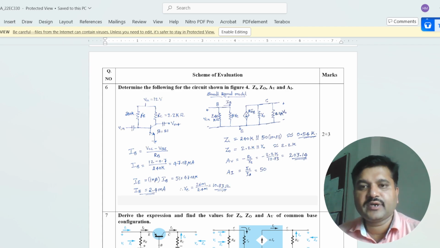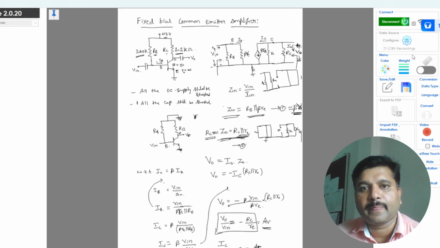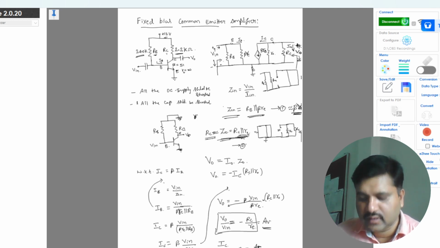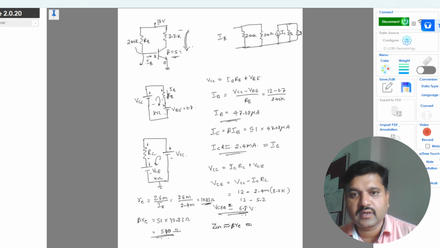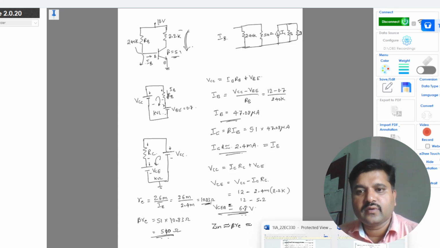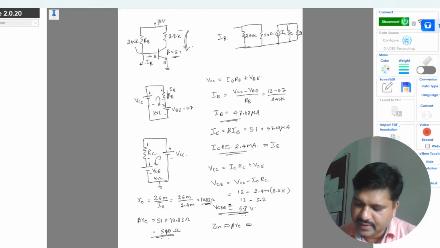Corresponding to the equations we have got, Z0 is equal to RC, Zin is approximately equal to beta Re, and AV is minus RC by Re. Now Zin is approximately equal to beta Re, which is around 510 ohms.